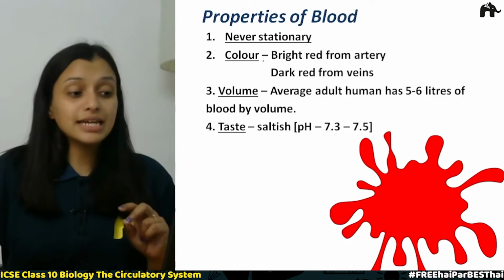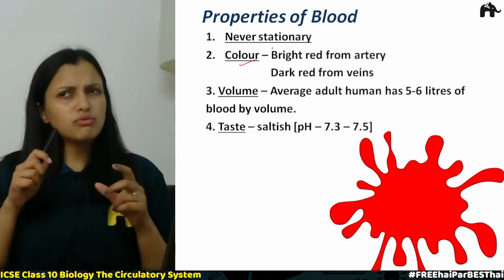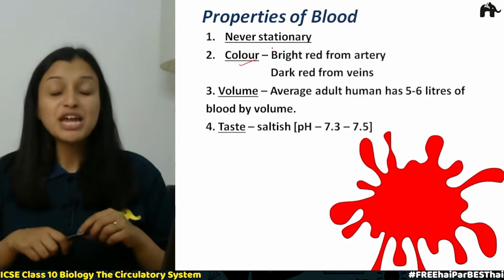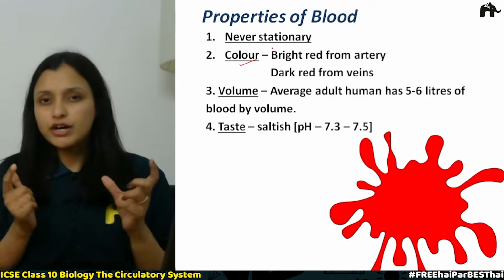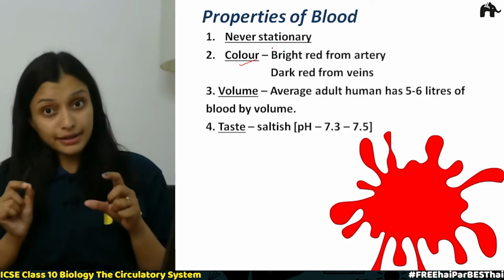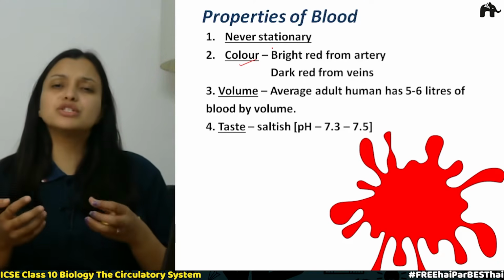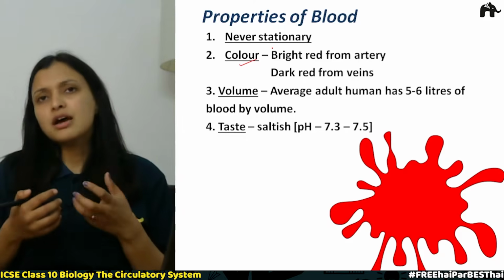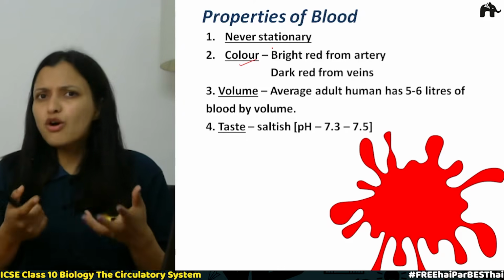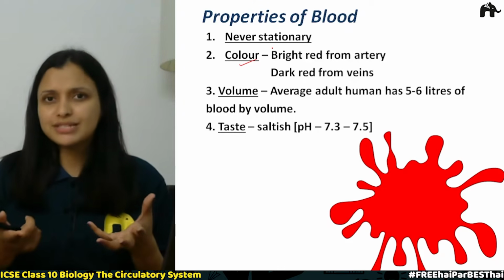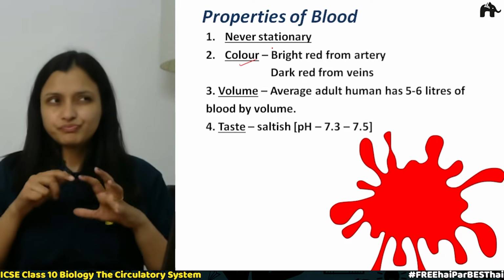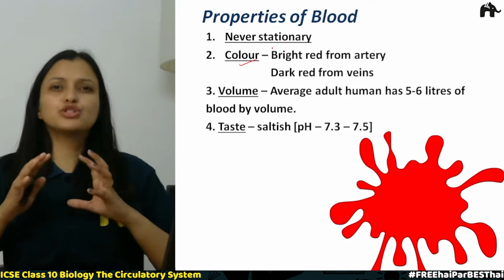Correct? The second thing is the color of the blood. So what do you think? What is the color of the blood? Whenever we draw a diagram, we always use red color for oxygenated blood, that is oxygen rich blood, and we always use dark blue color for deoxygenated blood or carbon dioxide rich blood, right? But it is not actually very true.